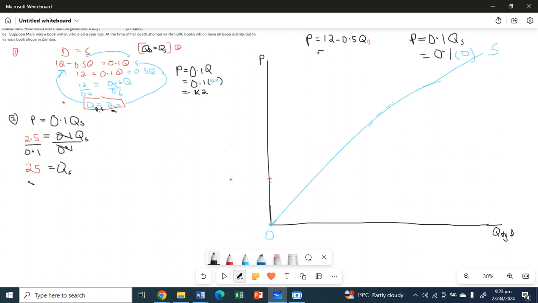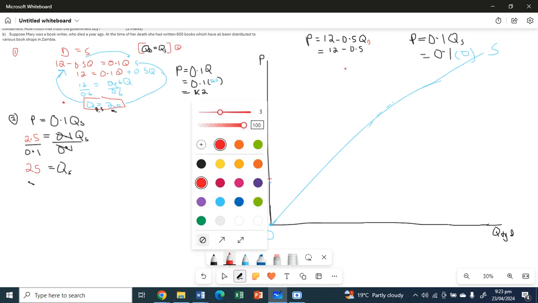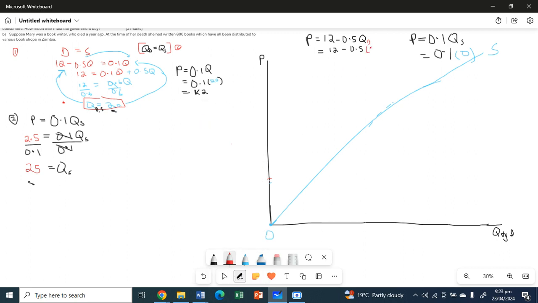You're going to say 12 minus 0.5 multiplied by 0. 0.5 times 0 is 0. 12 minus 0 is 12. So the price equals 12.